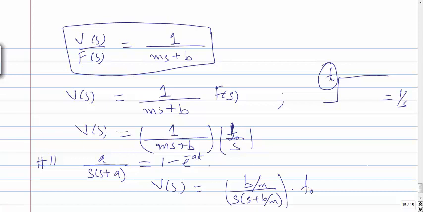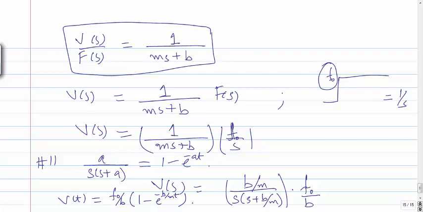Because we are adding another b here, we need to divide by it so that our equation remains the same. When we apply the inverse Laplace, it becomes v of t equal to f naught divided by b times 1 minus exponential minus b by m t.